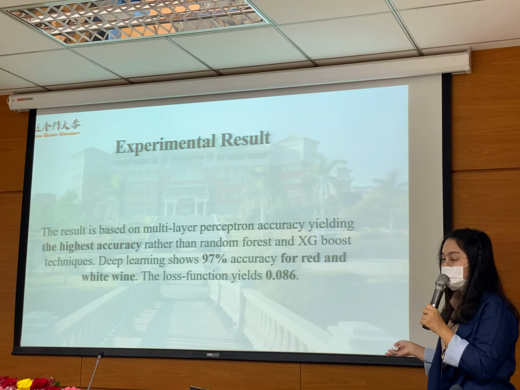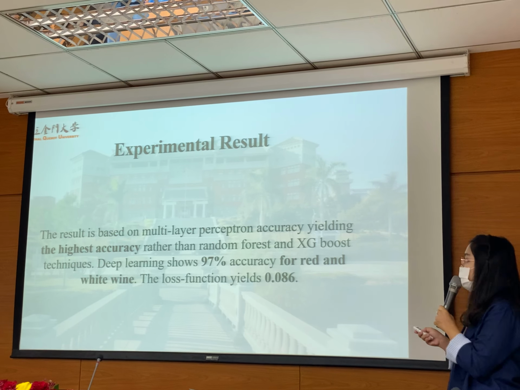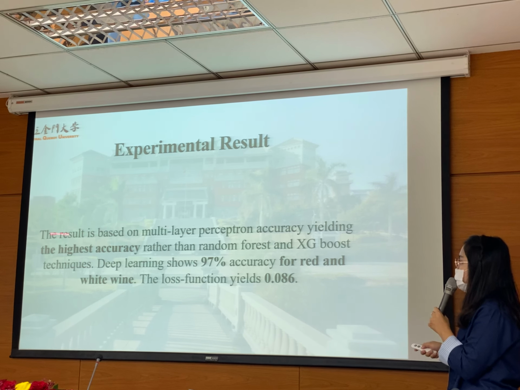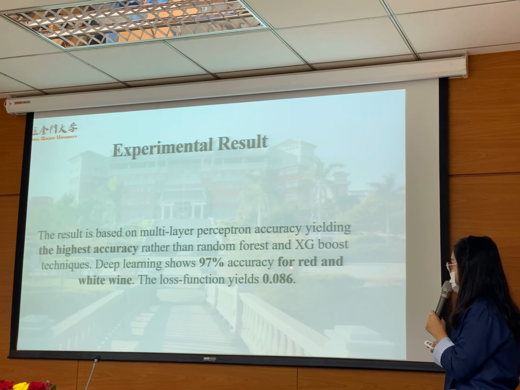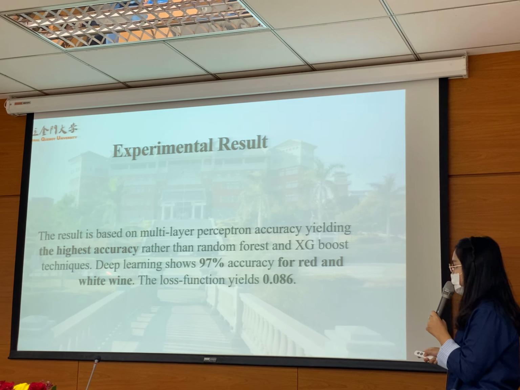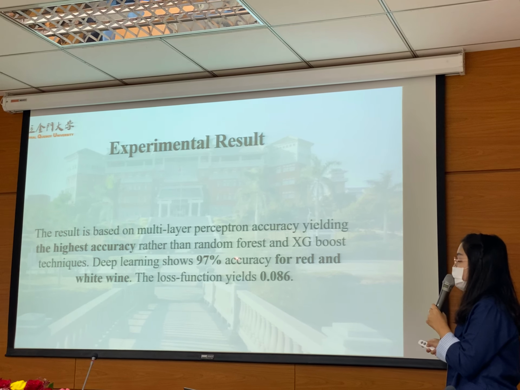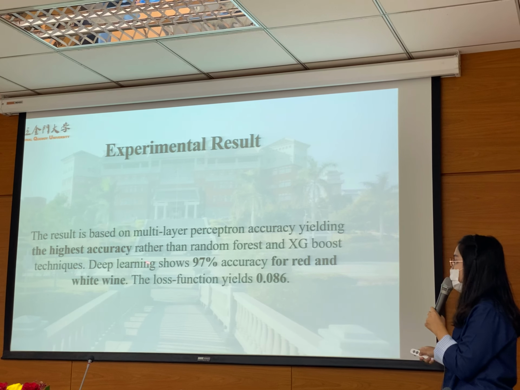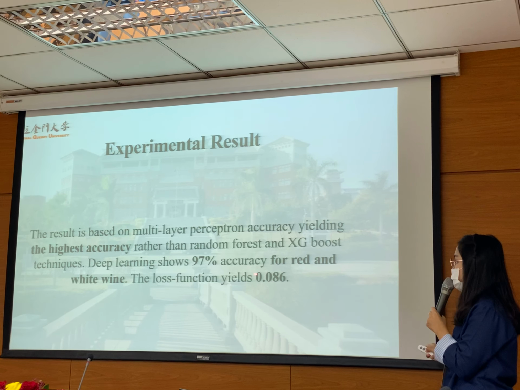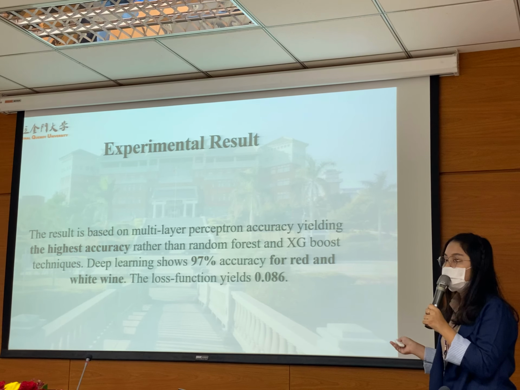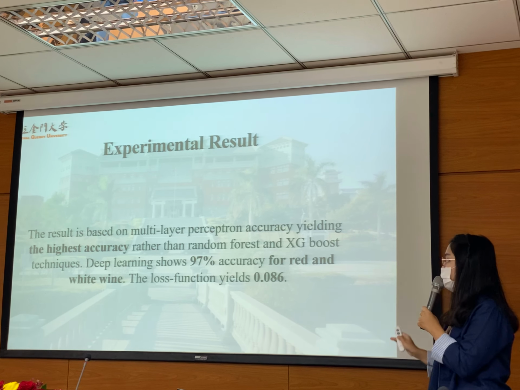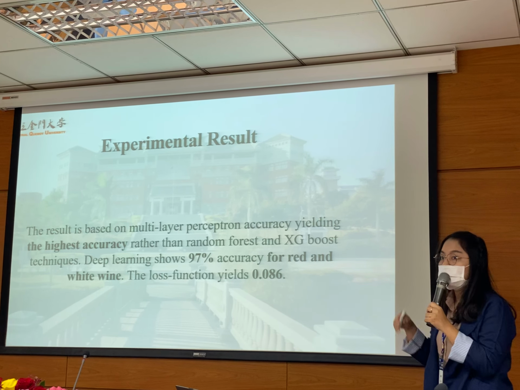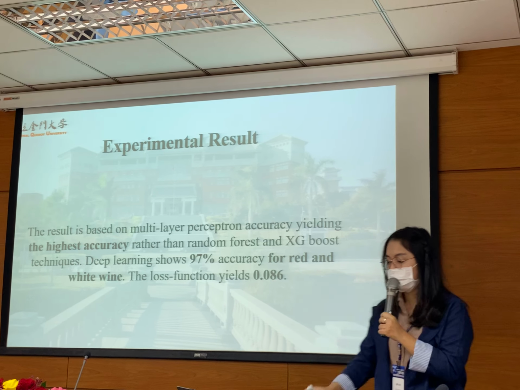It means that the multi-layer perceptron yields the highest accuracy, higher than the random forest and the XGBoost techniques. Deep learning shows 97% accuracy for red and white wine, and the loss function yields 0.086. So the lower the loss function, the higher the accuracy.